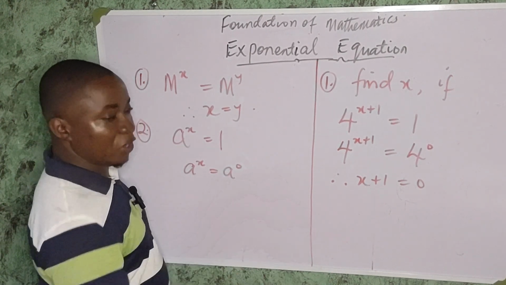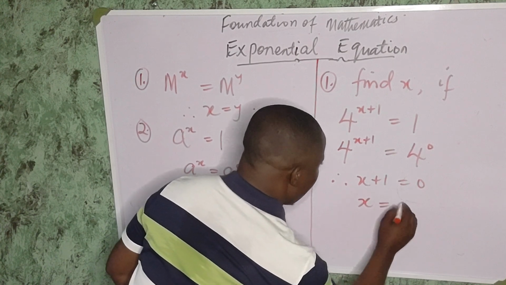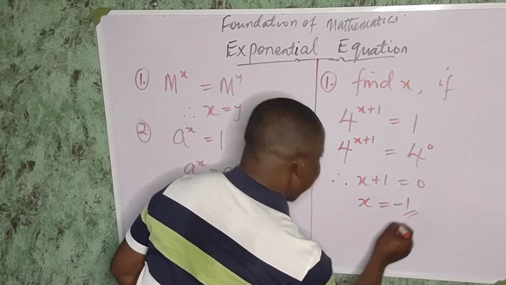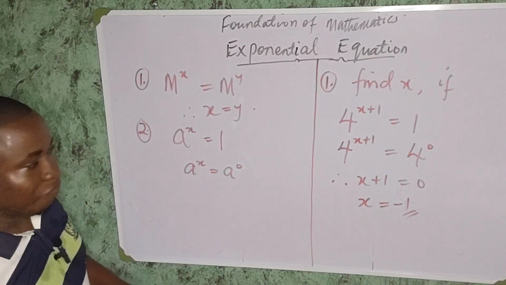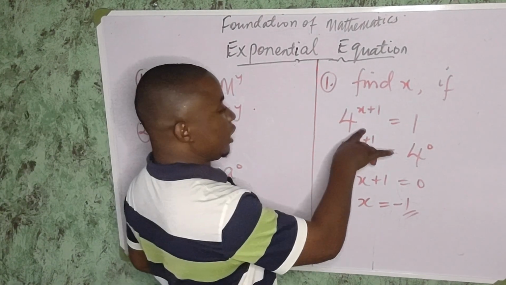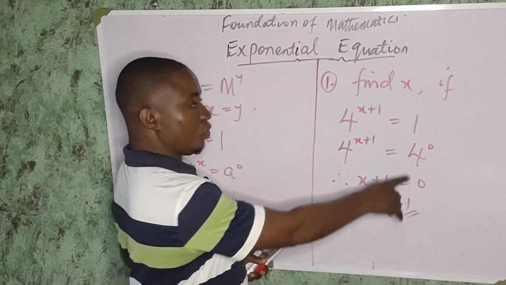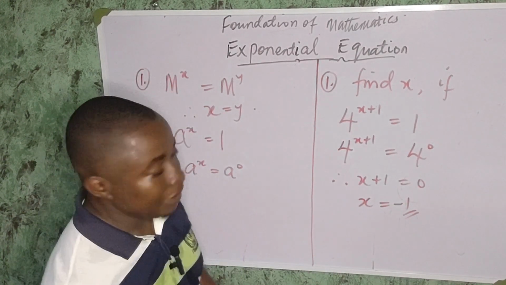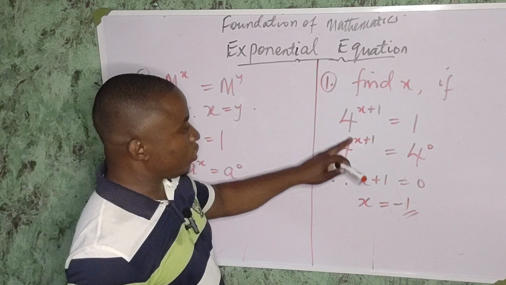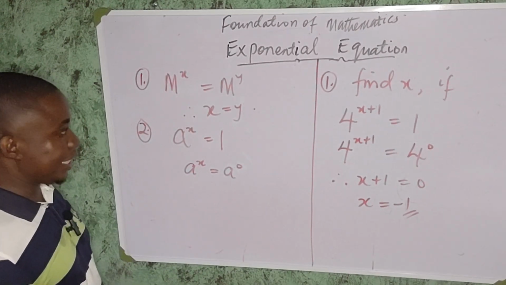If it was plus, it becomes minus. So in this case, that means our x will be equals to minus 1. And that's all. As simple as that. Of course, you can also check that. If you now put minus 1 here, minus 1 plus 1 will give you 0, which automatically makes this power to be 0, and any number raised to power 0 will give you 1. So as simple as that.